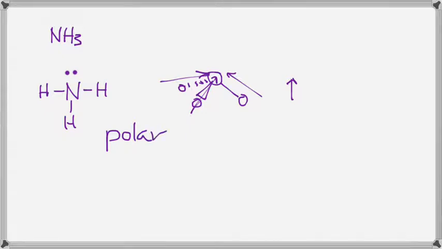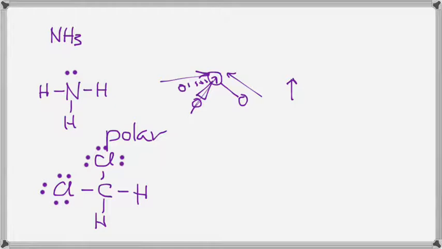If we look at something like dichloromethane, polar or nonpolar? Polar. Why? The atoms are different, right? We've got hydrogens and chlorines. And so no matter how you make that tetrahedron, it's not going to be symmetrical.